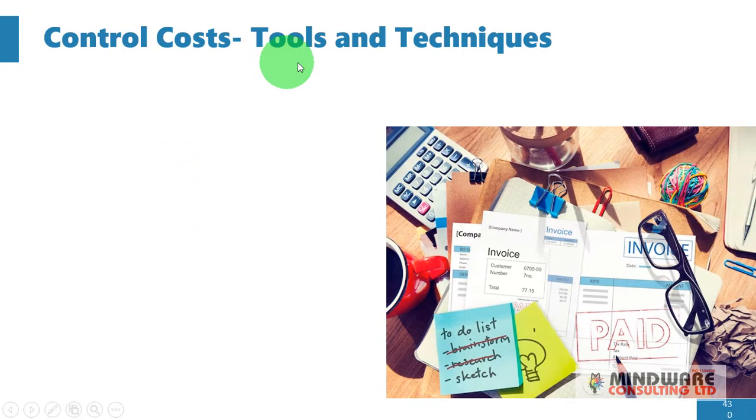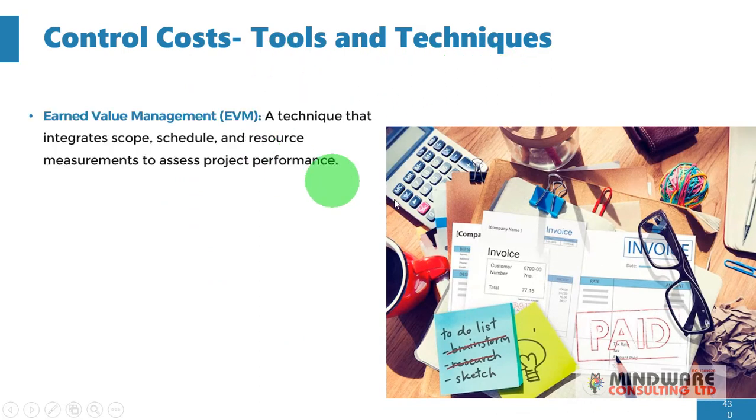So let's take a look at the tools and techniques that we use for the control cost process. Earned value management, EVM. This is a technique that integrates scope, schedule, and resource measurement to assess project performance. So when you have earned value management, it's quite technical, and most times it could involve doing one calculation or the other.